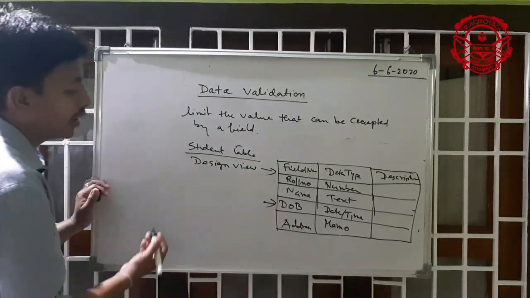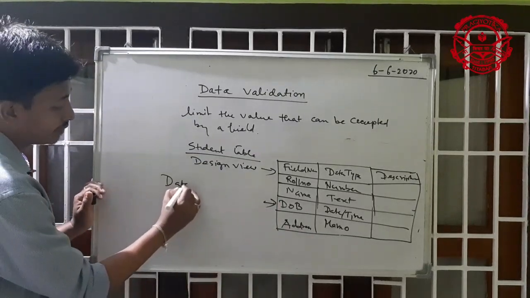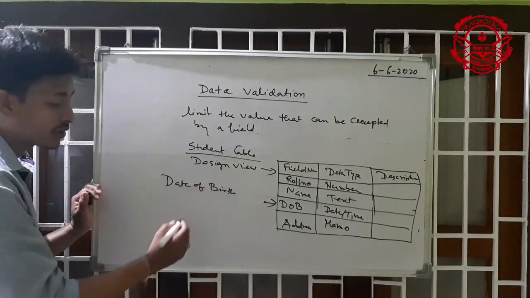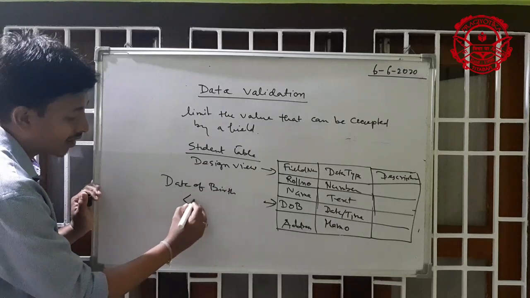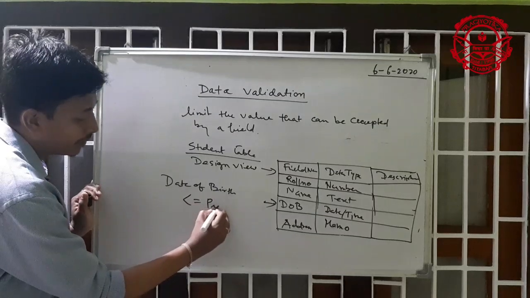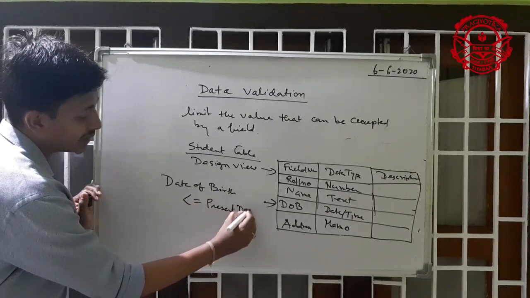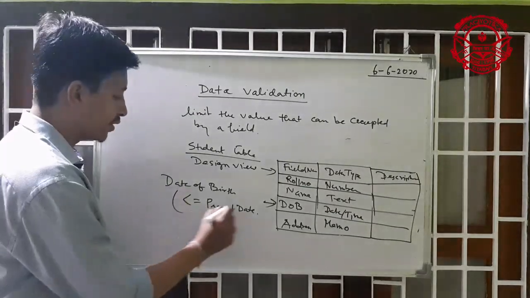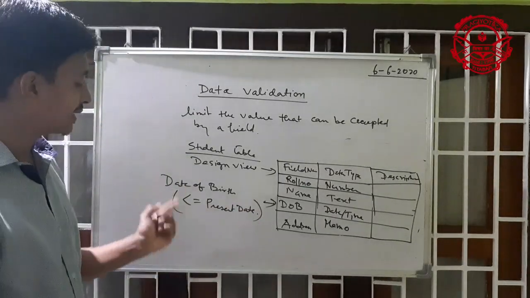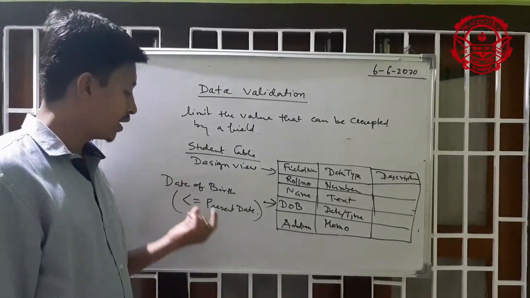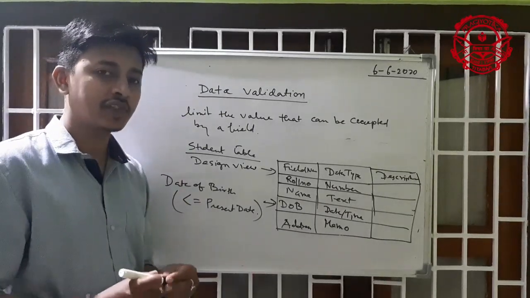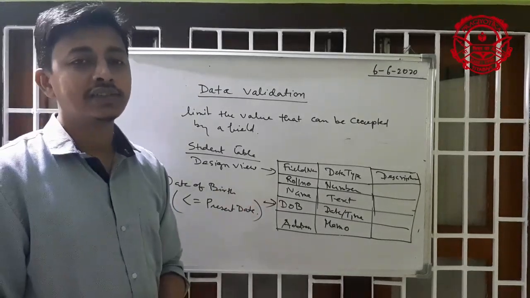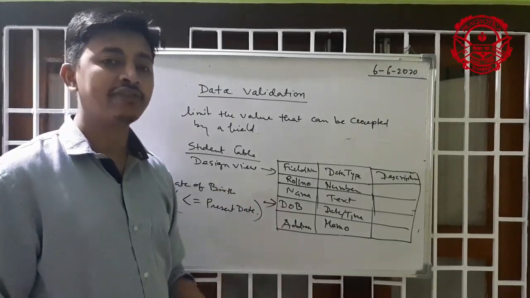For example, date of birth should be less than or equal to present date. Okay, this is the rule. So in this way you can apply data validation in any field.